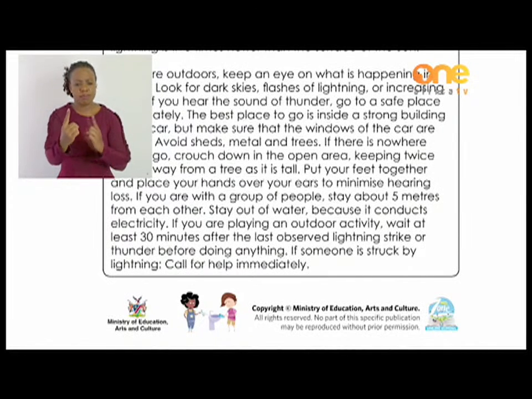Stay out of water because it conducts electricity. If you are playing an outdoor activity, wait at least 30 minutes after the last observed lightning strike or thunder before doing anything. If someone is struck by lightning, call for help immediately.